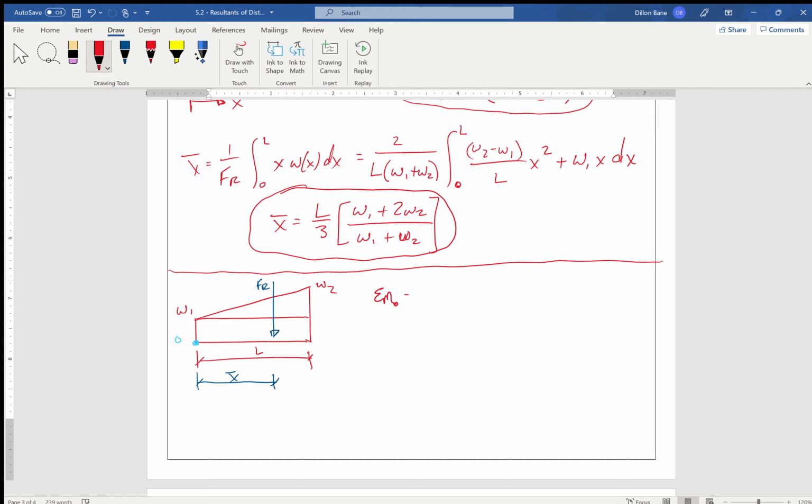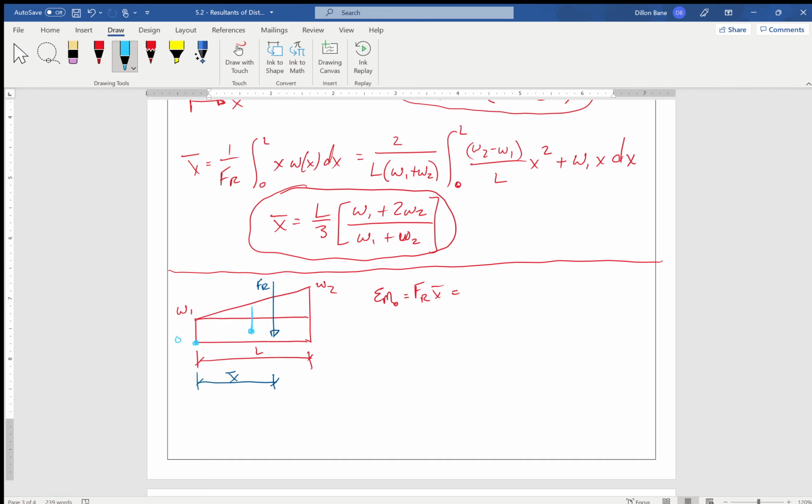Sum moments about point O, we know that FR times x bar, that's the moment of the resultant force, right? Now that's got to equal the moment of the applied forces, which is the distributed loads. What is the moment of the, let's just start with the distributed load, right?